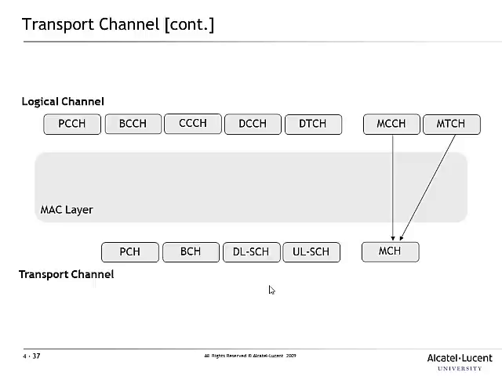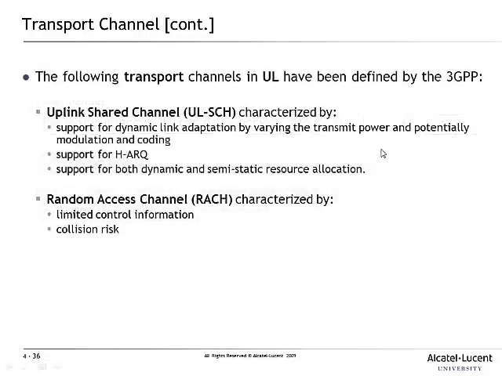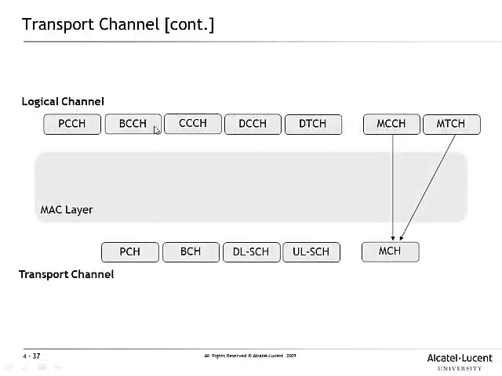Probably this diagram is a better diagram. We talked about seven types of logical channels, and we talked about transport channels. Each one of these logical channels is mapped into the appropriate transport channel.